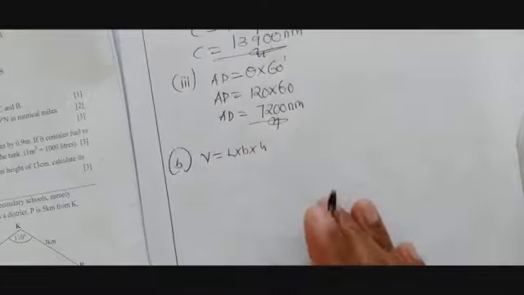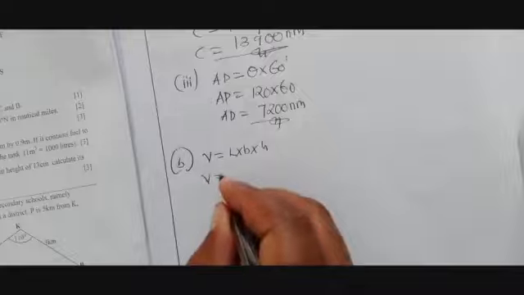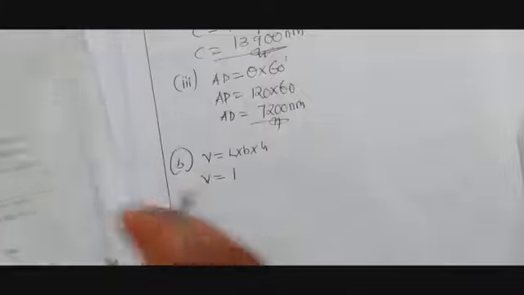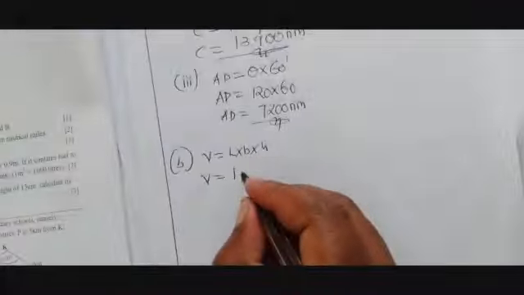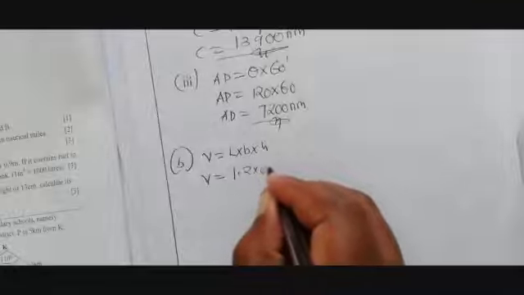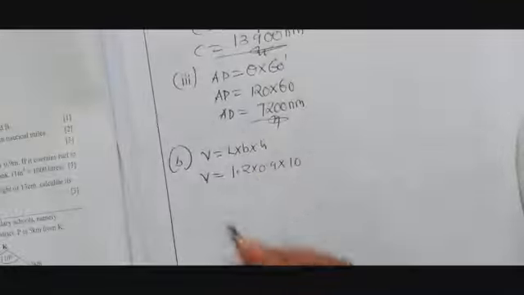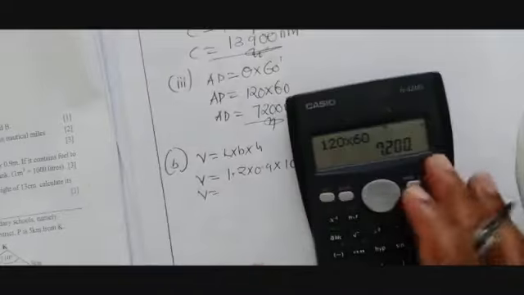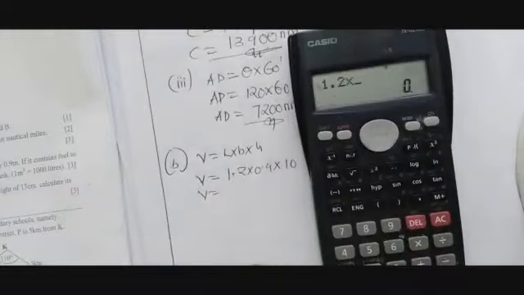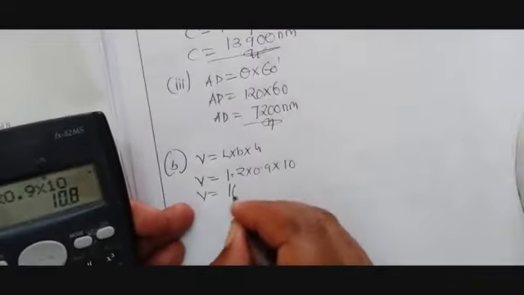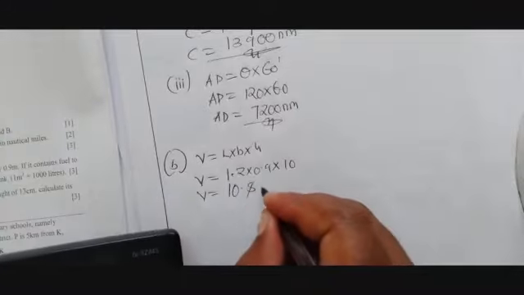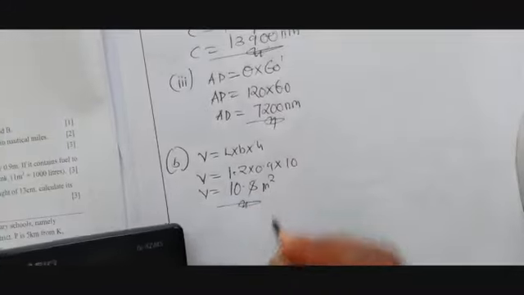So our volume is equal to the length, you have 1.2 by 0.9 by 10. What do you get? You have got 10.8 cubic meters, all right? Cubic meters.